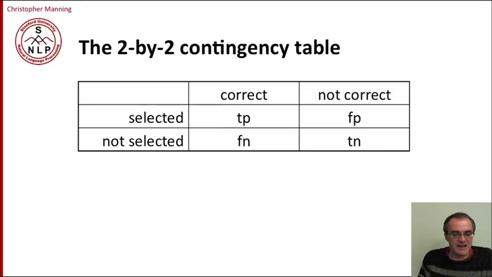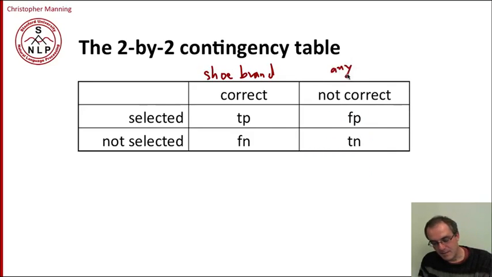So, for example, suppose that we're wanting to detect mentions of shoe brands in web pages. So the correct class is that something is a shoe brand, and the not class is anything else.